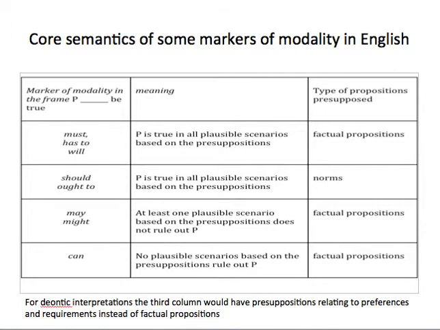Which shouldn't, ought to. What we're looking at is norms here. P is true in all plausible scenarios based upon the presuppositions, and those presuppositions are particular norms. We'll look at can later in terms of dynamic modality.